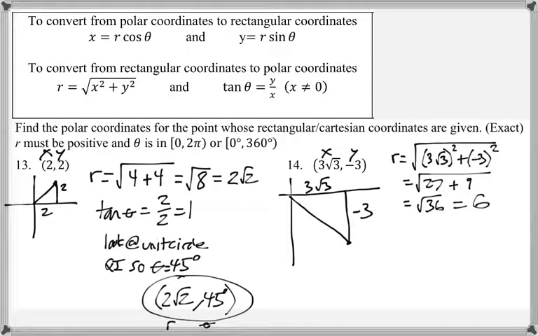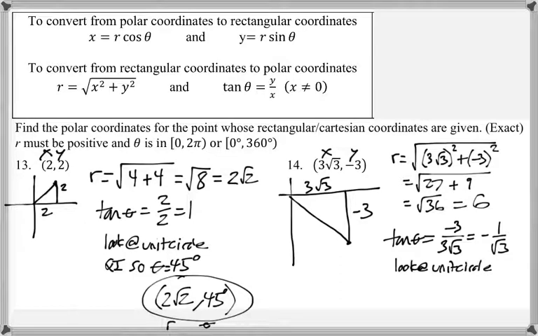Okay, and then for theta, we know that tangent of theta is equal to y over x, so negative 3 over 3 square root of 3, and that'll be negative 1 over square root of 3. And if you look at the unit circle, we want to figure out where y over x is equal to negative 1 over square root of 3.